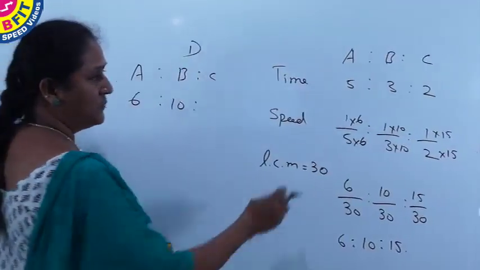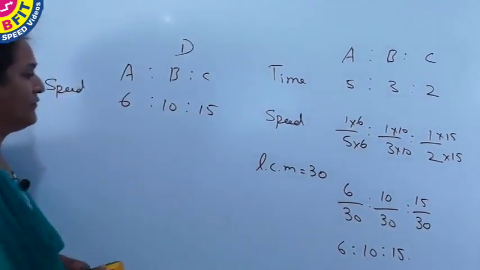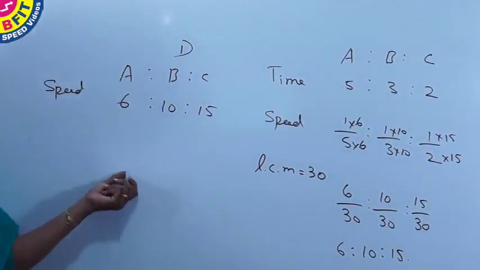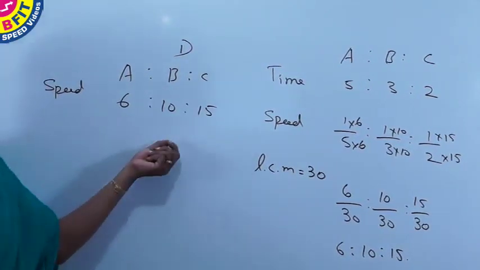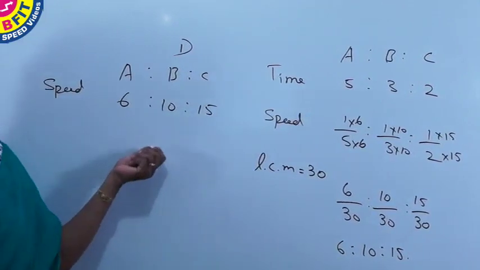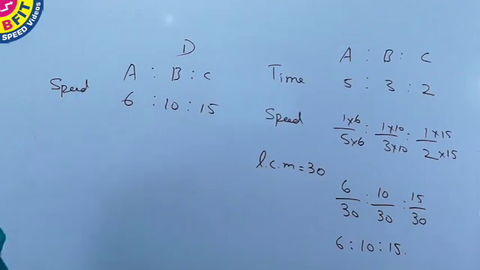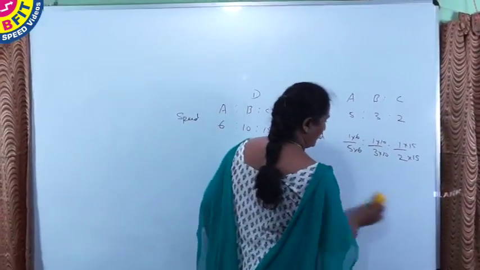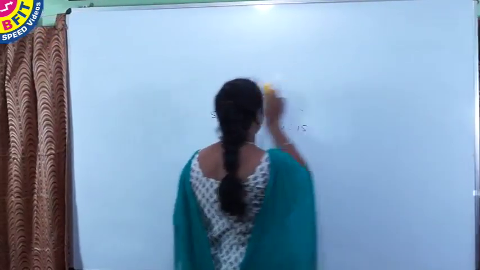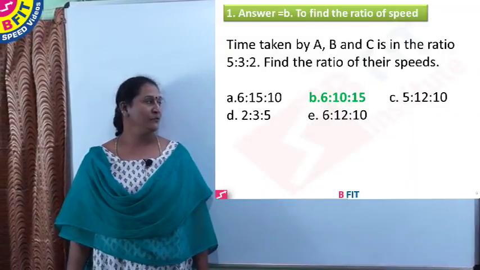And for C, multiplying the parts taken by A and B, it is 15. Now if you have any common factor, simplify this. As these 3 factors are relatively prime, the ratio for speed is 6:10:15. And the answer is option B, 6:10:15.